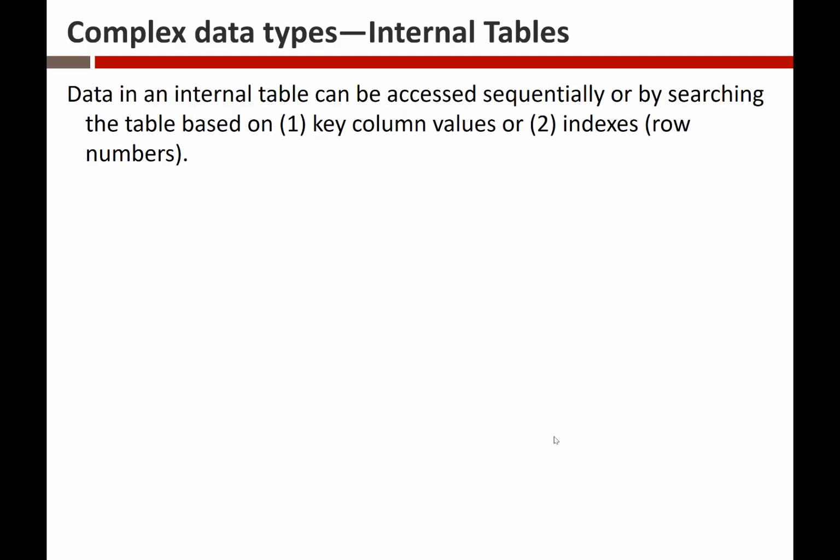And if it's designated as a key field, then I can search it for a value. Now, let's not let this get mixed up with database keys, where these have to be unique. An internal table key field just means that it is something that makes that field searchable.